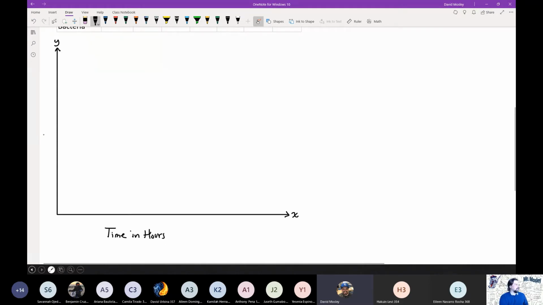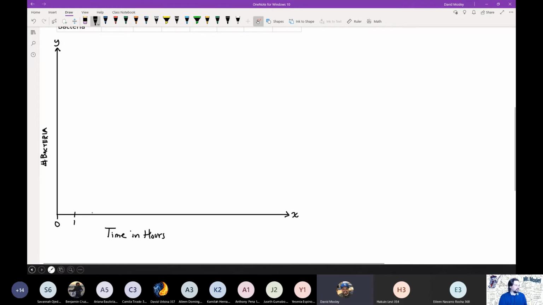And this is, oh man, number of bacteria. That worked out okay. Trying sideways. All right, so now we need to label some stuff. So we're at 0 on the corner.